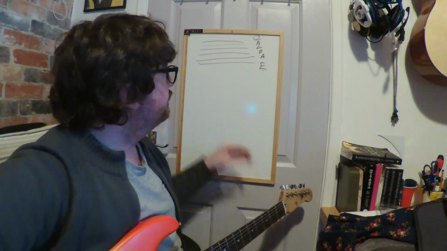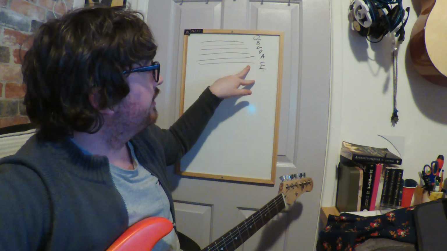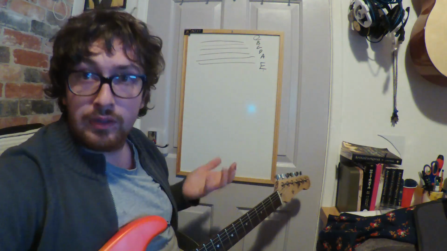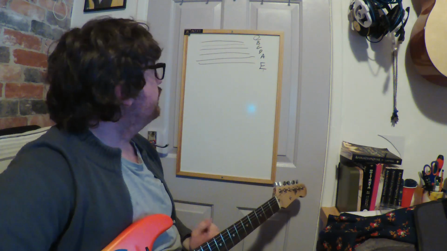So basically, the low E is on this end, and the high E is on this end. Once you know that, you can start reading tabs straight off.